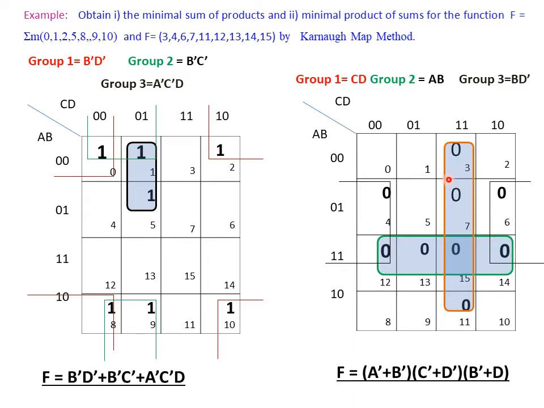Now the expression at this one, only a column is there, so CD, and here the green cell grouping is AB. Then this black cell grouping is the common B and D bar. So this is the way to group the cells for product of expressions. While writing the product of expressions, we have to write it with max terms. So AB we write as A bar plus B bar, and CD we write as C bar plus D bar.